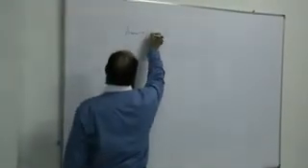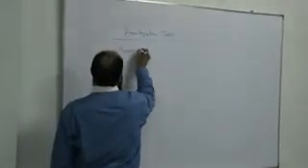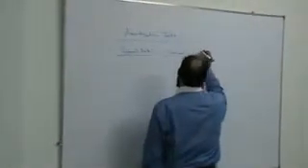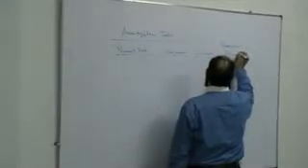The table has these columns: payment date, second is the installment that you are going to pay, then interest, then reduction in principal amount, and last is the unpaid balance.